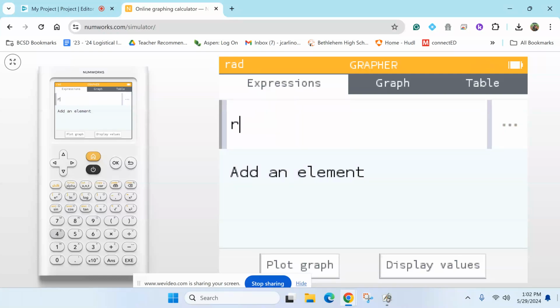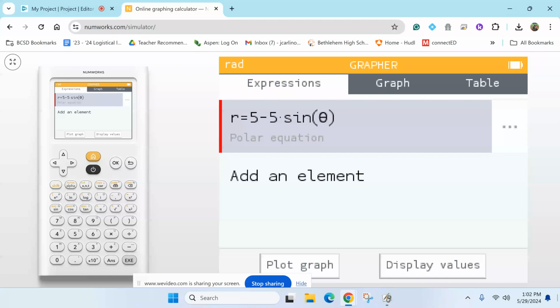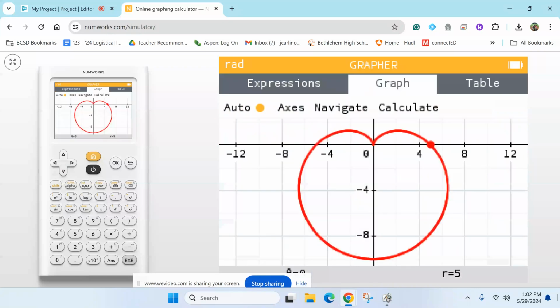So what is this? R equals. And that's what you just graphed there.